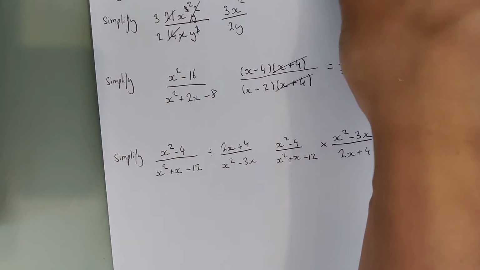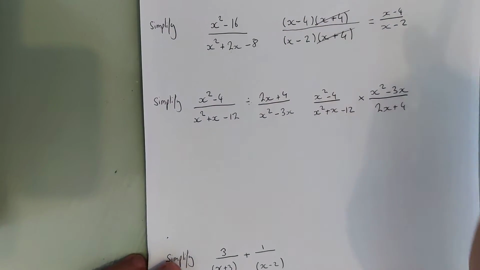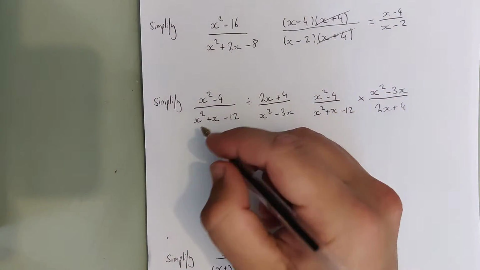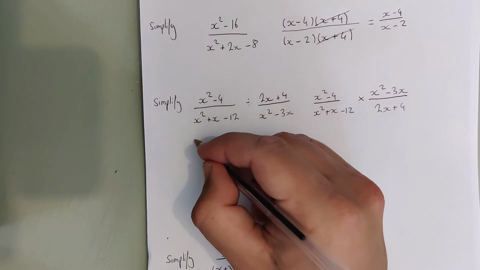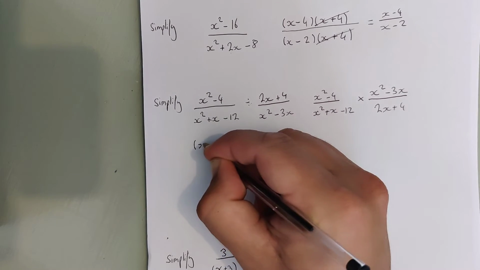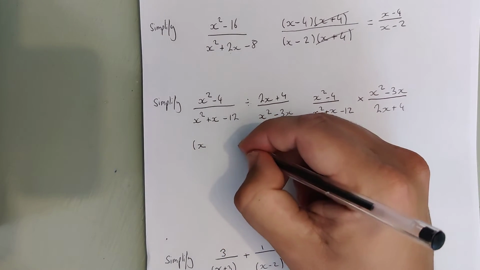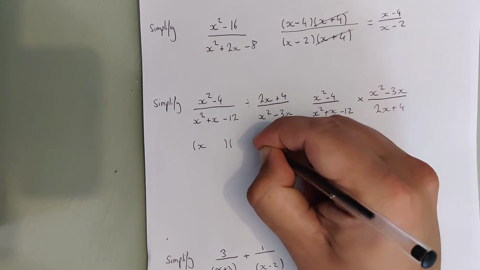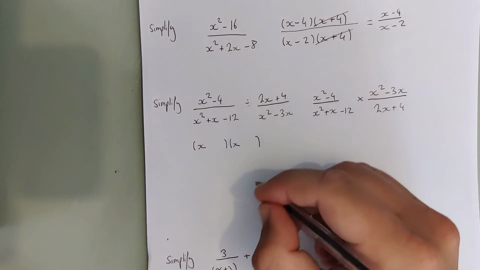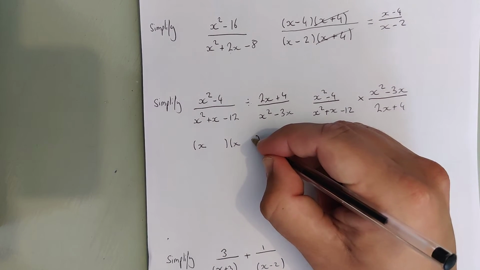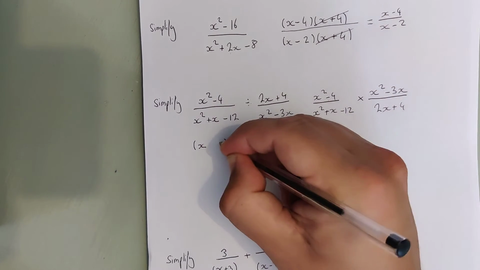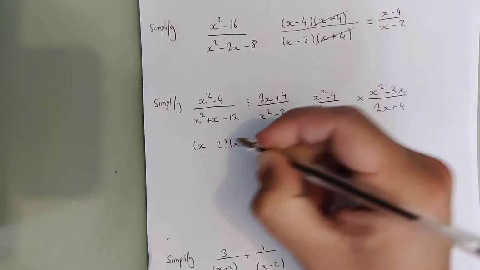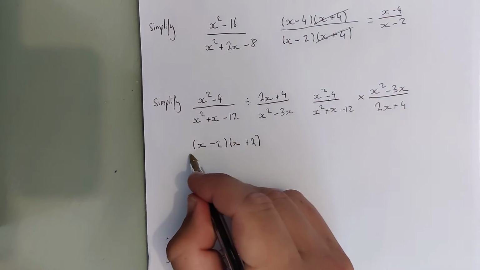We basically want to look at how we can get these things into brackets. So the x squared minus 4, it's going to be x and then 2 and 2, plus and minus.